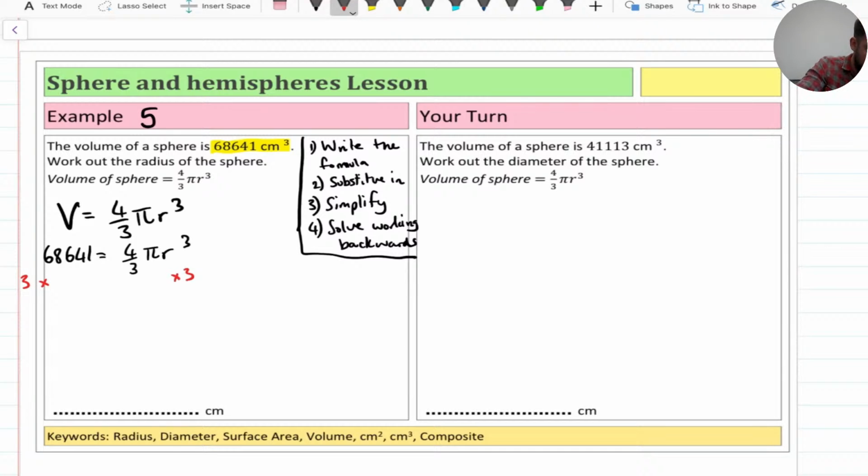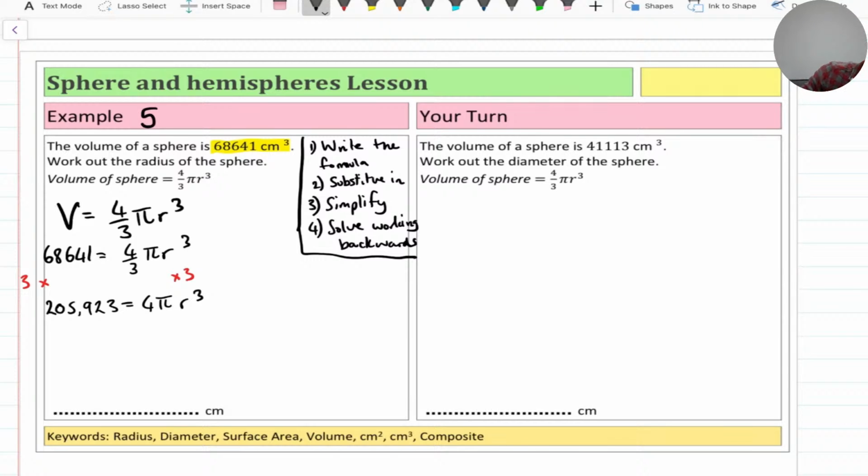So 68,641 times by 3 gives me 205,923 is equal to 4 pi r cubed.